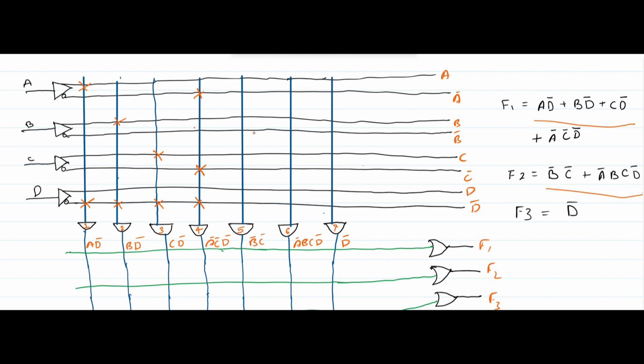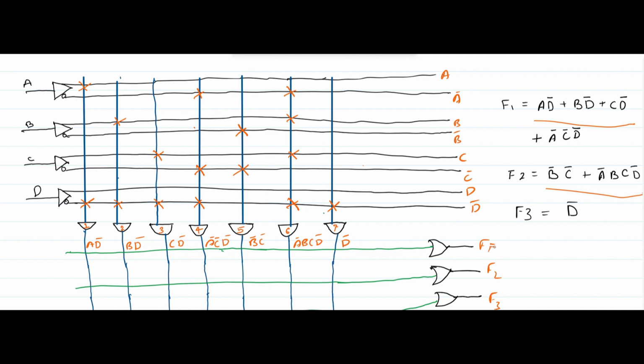Here b bar c bar is there, so this is b bar, this is c bar; a bar b c d bar, so a bar, b, c and d bar are connected here. From here I will have only d bar as input, right?